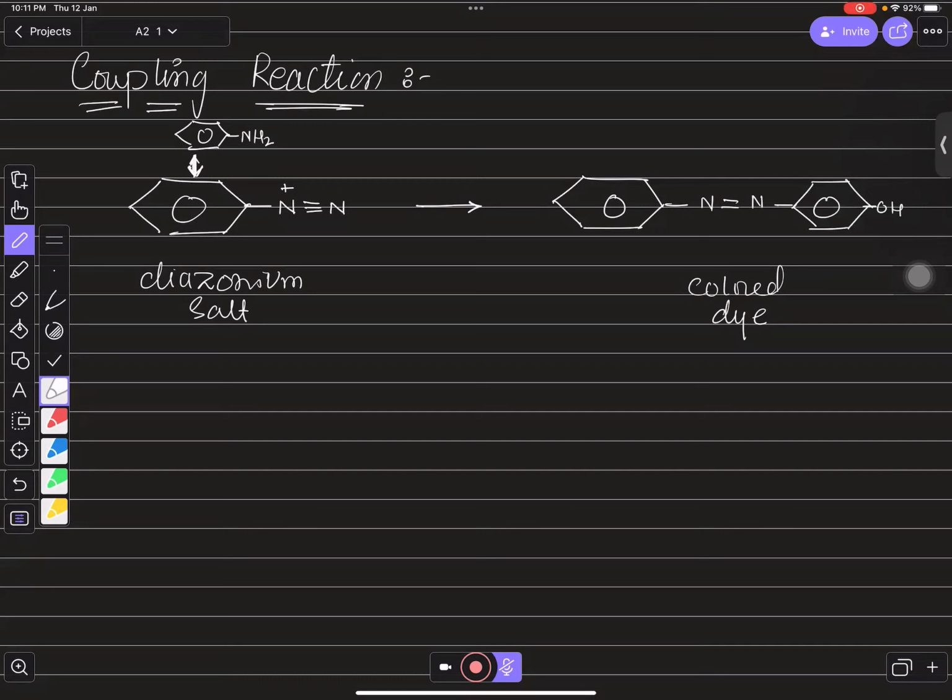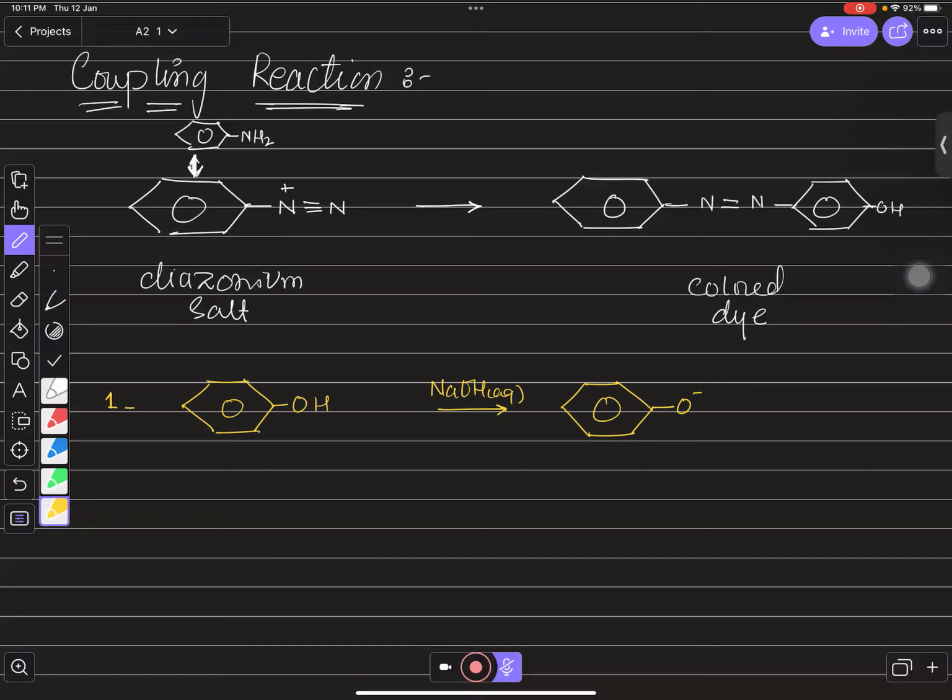First of all, you need to have at least one phenol, and you need to convert phenol into phenoxide. You can easily convert this in the presence of aqueous NaOH.